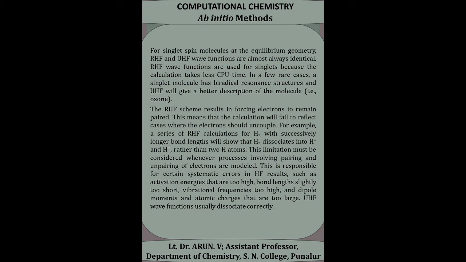This limitation must be considered whenever processes involving pairing and unpairing of electrons are modeled. This is responsible for certain systematic errors in Hartree-Fock results, such as activation energies that are too high, bond lengths that are too short, vibrational frequencies that are too high, and dipole moments and atomic energies that are too large. The unrestricted Hartree-Fock wave functions usually dissociate correctly.